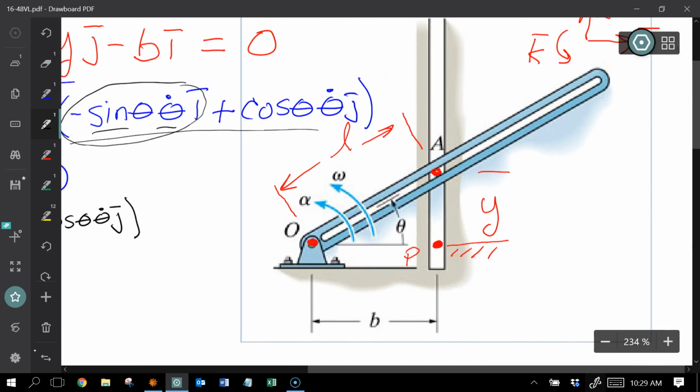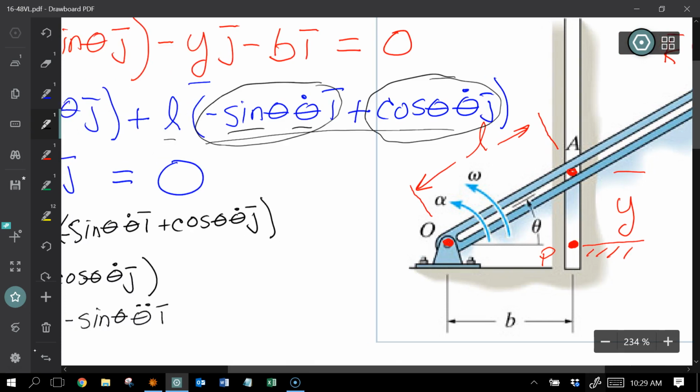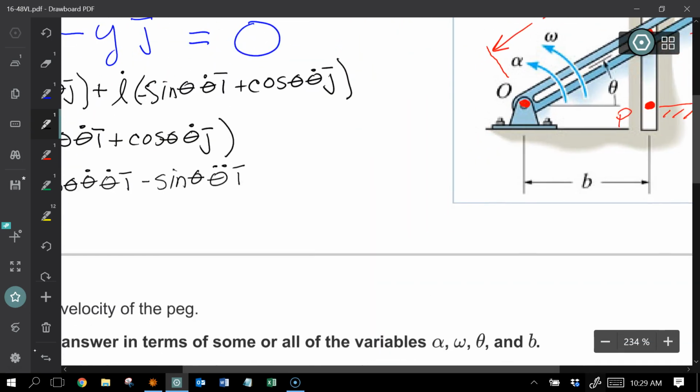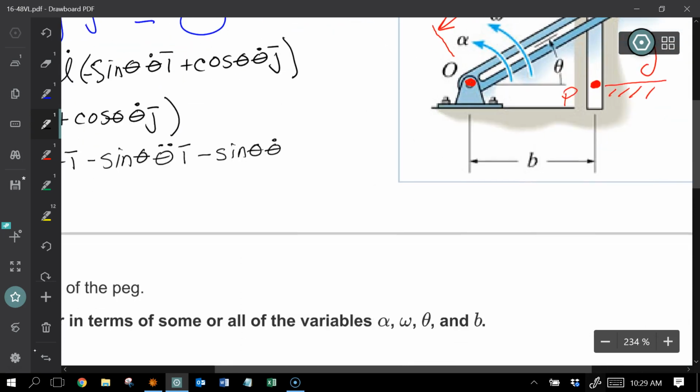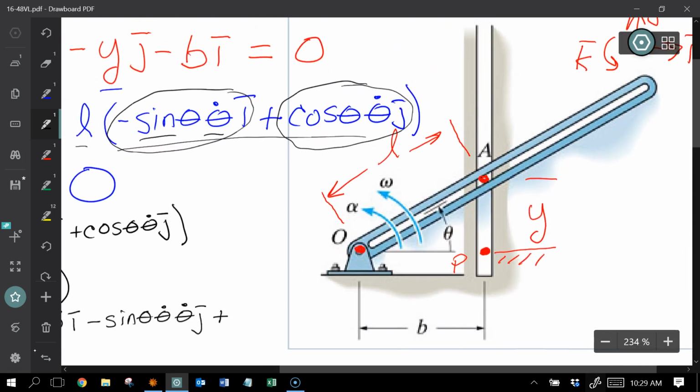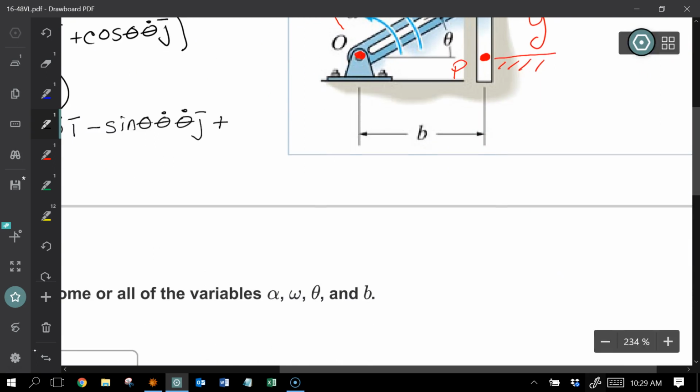Then I have this piece, which is a product. So it'll be the derivative of the first one. Derivative of cosine is the negative sine of theta, chain rule, times the second term, plus the first term times the derivative of the second term.